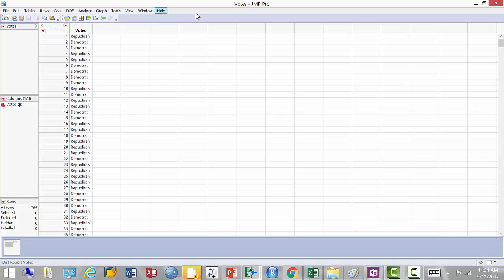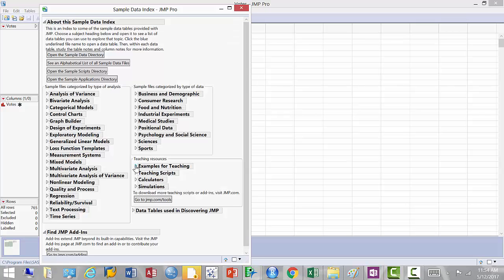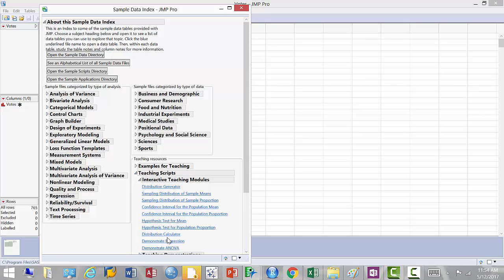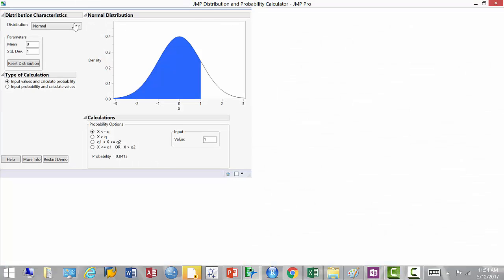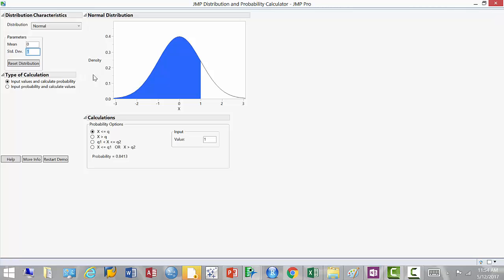Help, sample data and examples, teaching scripts, interactive teaching modules, and distribution calculator. I don't believe I have a standard normal in this list, but do I need it? No, because standard normal is still normal. It's just the mean is 0 and standard deviation is 1. It's there already, actually.